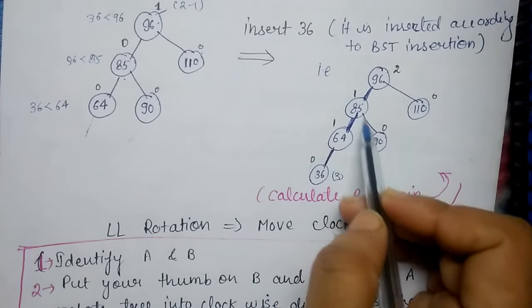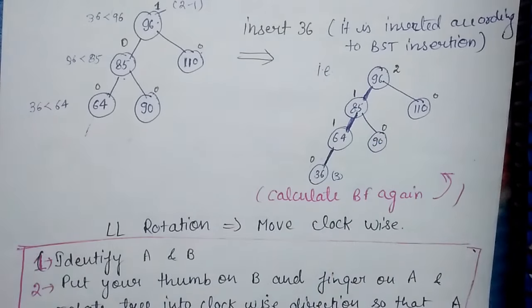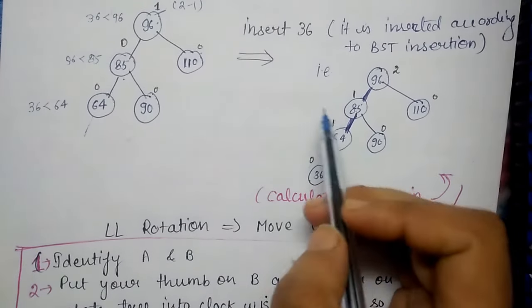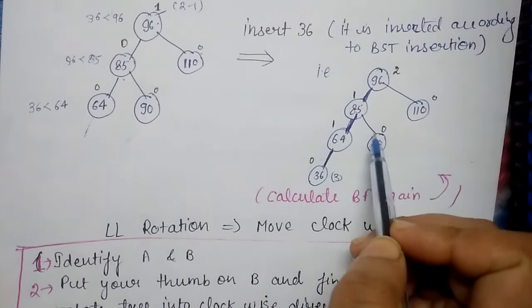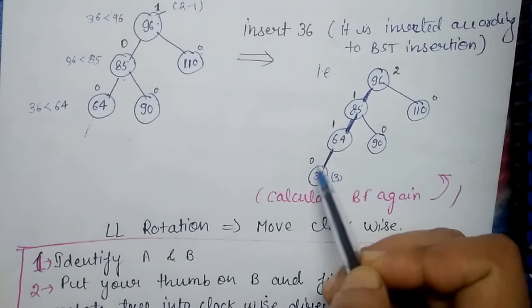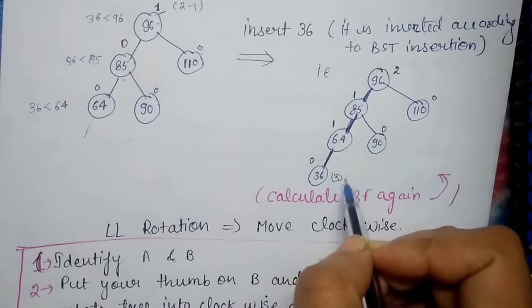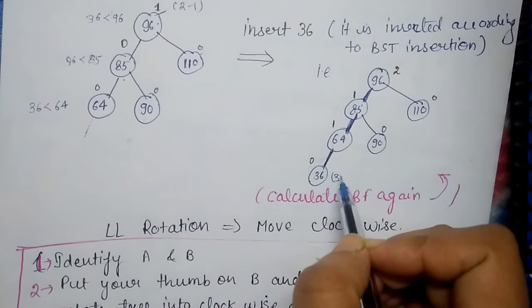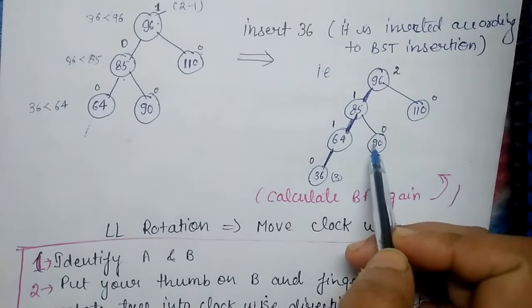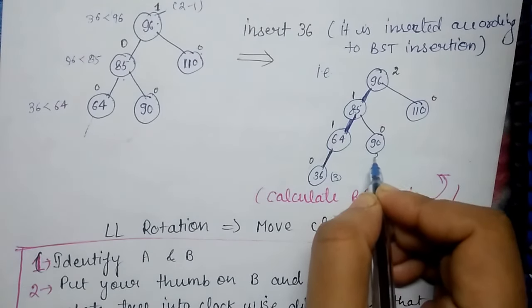But you can go along only one path, to only one leaf node; you will not count all the edges. So this height is equal to 3, and if you go this way, that is 1 and 2, so the height is equal to 2.